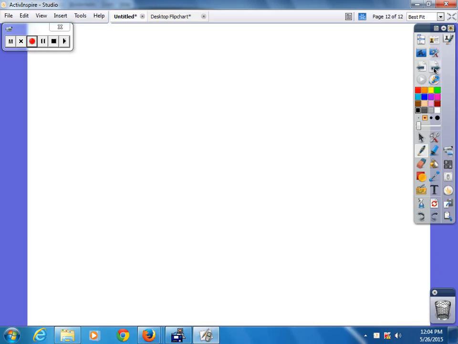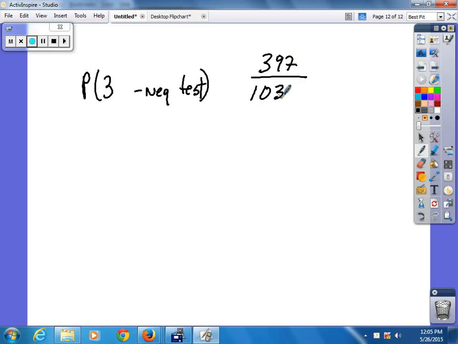Let's say I'm doing the first 3 draws, or what is the probability of all 3 being a negative test result. And my numbers are not 37 over 101. It's more like 397 over 1036. And I'm going to raise that to the 3rd power. Okay?